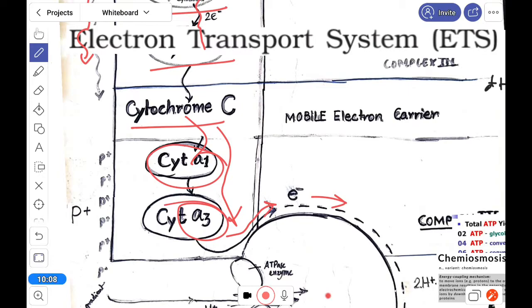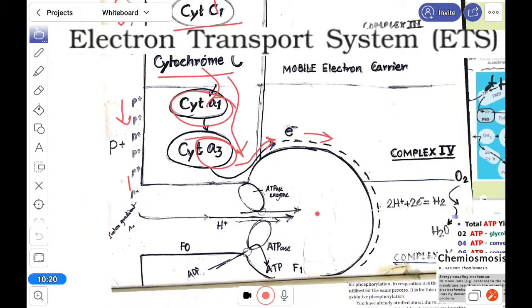all these electrons are accumulated in these areas. Look here, it is divided into complex 1, 2, 3, 4. And all the protons here are separated.